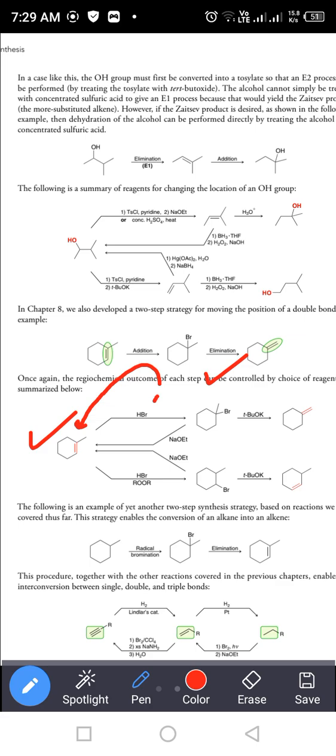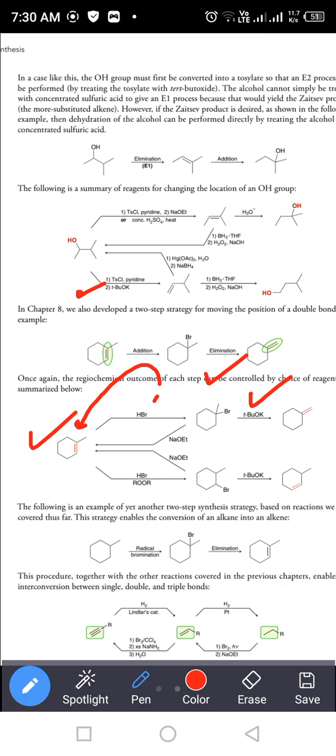So whenever the halogen is at the tertiary carbon and we have tertiary butoxide ion, this is a base, a bulky base. In a previous reaction we also treated with a bulky base. So a bulky base always gives the unsubstituted alkene. This tertiary butoxide ion always gives the unsubstituted alkene.